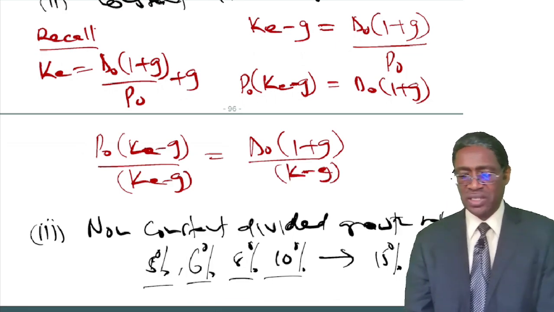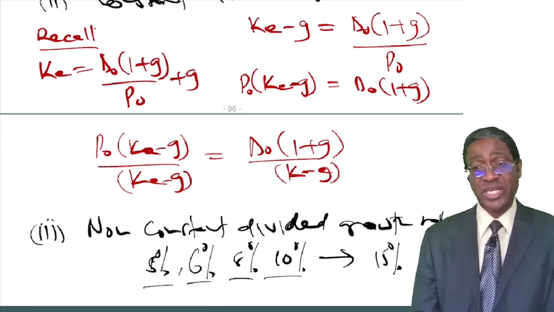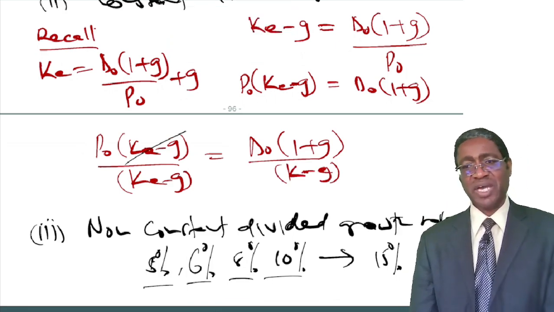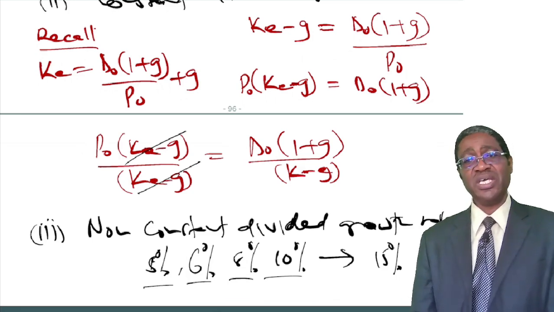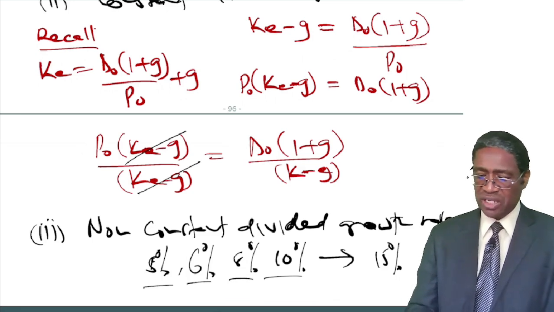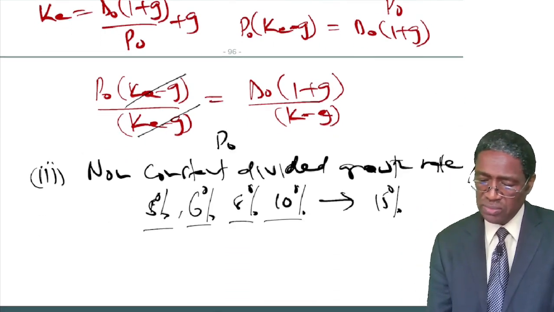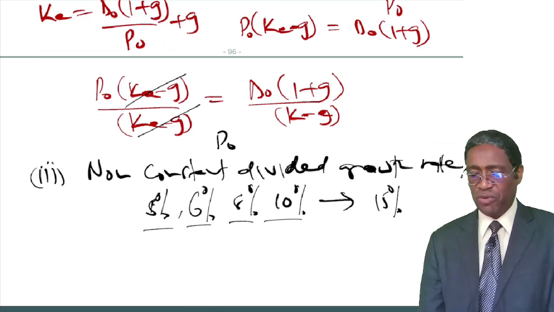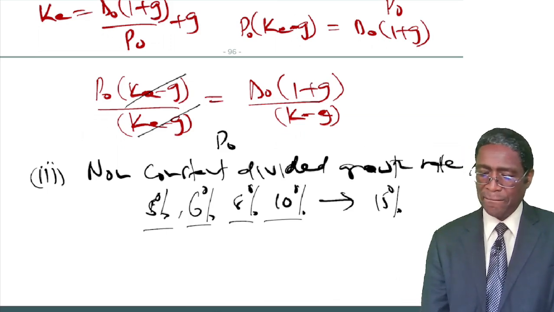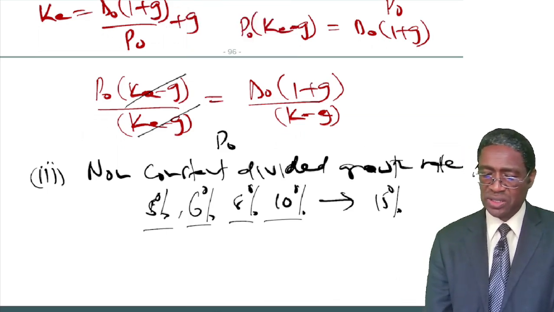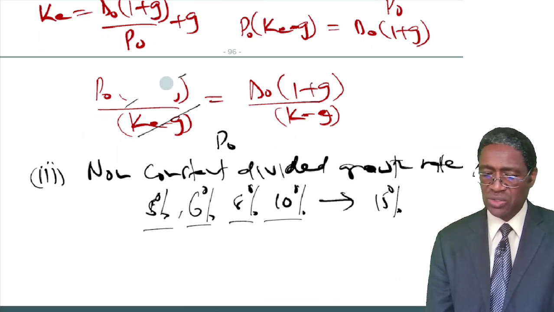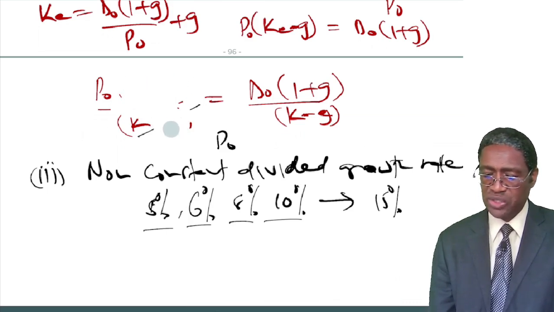When you take this now on the left, KE minus G will cancel with KE minus G. So that means our formula for getting P naught, let me rub this so that you can see that this is exactly P0.